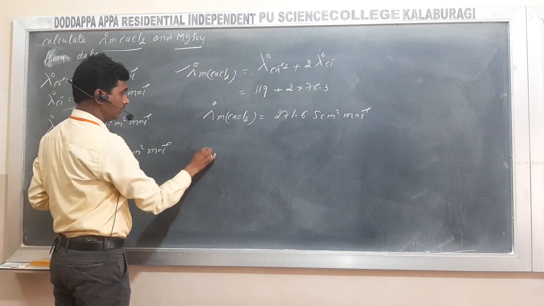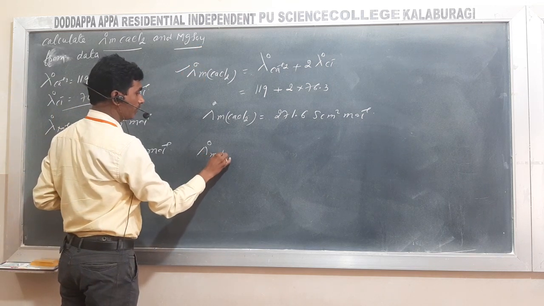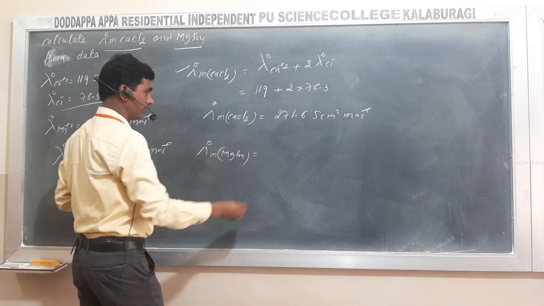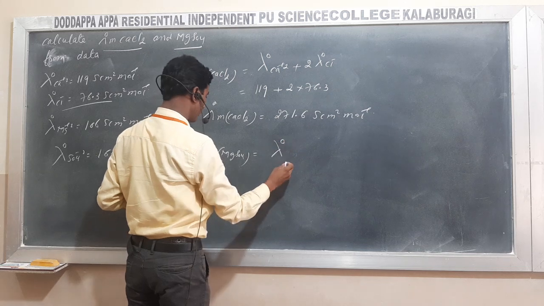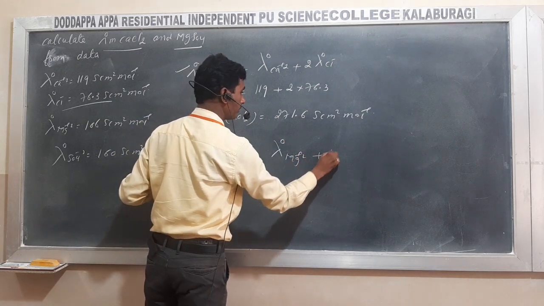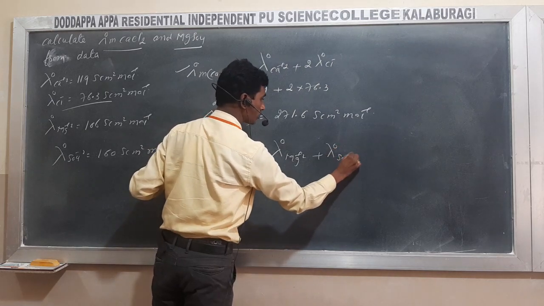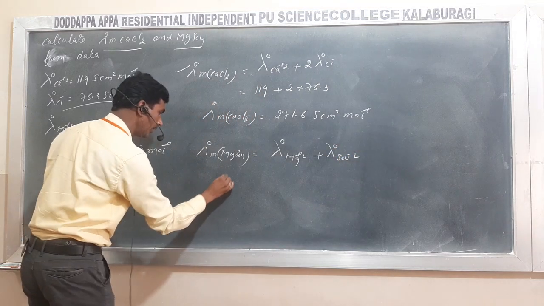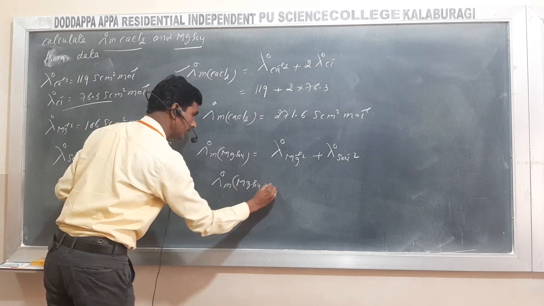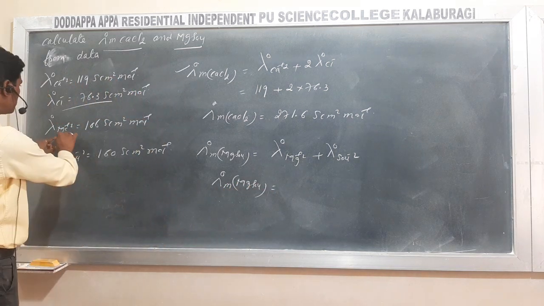So the molar conductance of magnesium sulfate is equal to the limiting molar conductance or ionic conductance of Mg plus 2 plus lambda naught of SO4 minus 2.